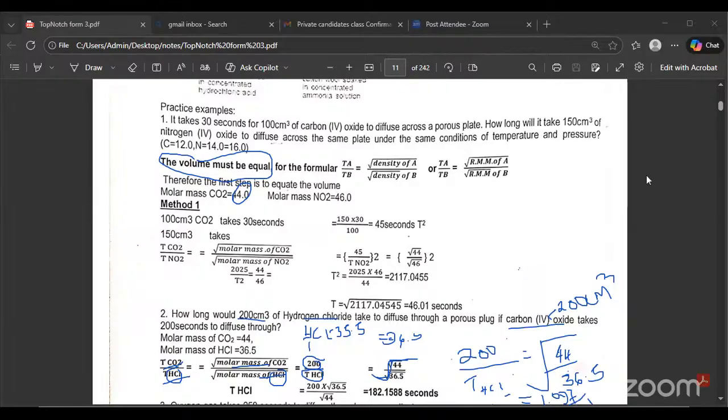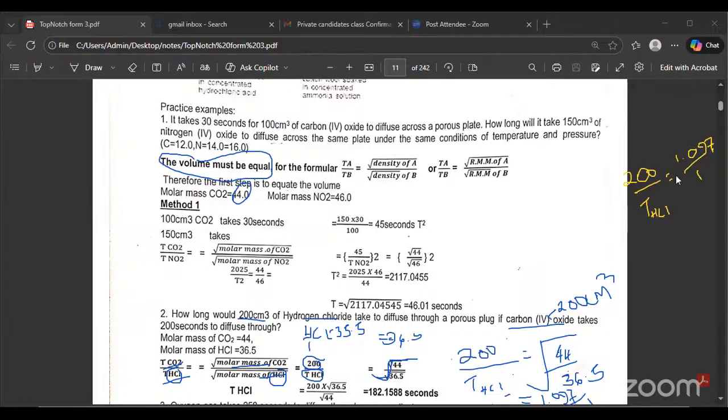So it becomes now 200 over time for HCl. I want to do this one again very slowly so that people can understand, is equal to 1.097. Remember, any number that is a whole number can be put over 1.